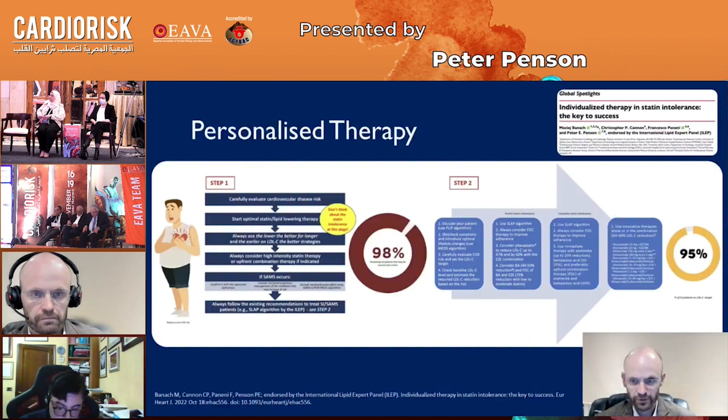If we follow those guidelines, then we think that up to 98% of patients will be able to be treated with statins.